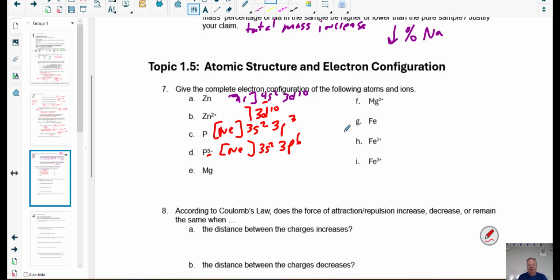Right? Here, iron, we got iron +2, iron +3. So we know iron is normally argon, and then 4s2 3d6. If it's +2, we know we're removing 2 electrons. The question is what 2 are we going to remove? We wouldn't remove just the 4s2 and leave the 3d6, because remember, it's less energy when it's half full, so it's going to be 4s1 3d5, leaving the s orbital half full and the d orbital half full.